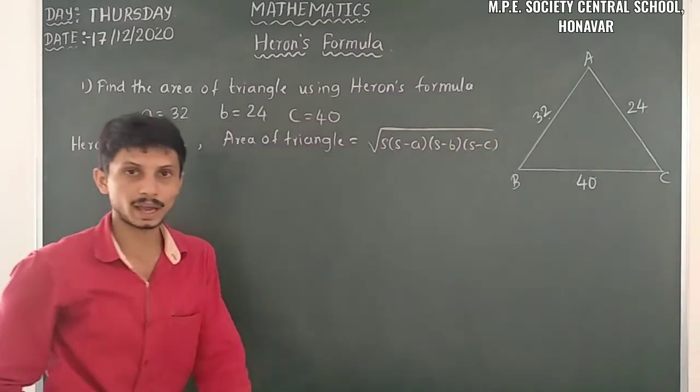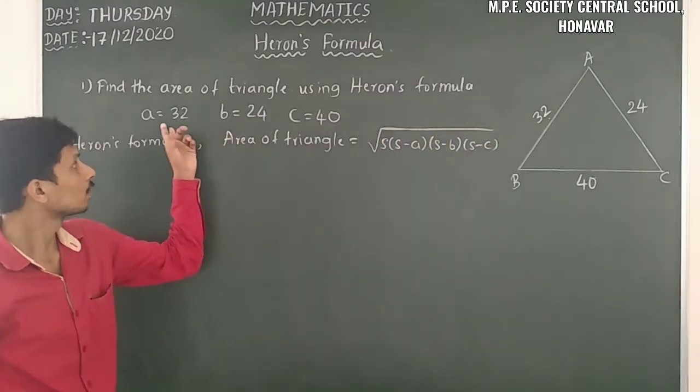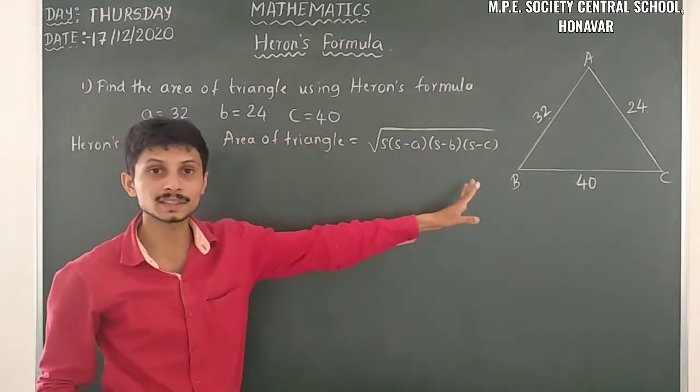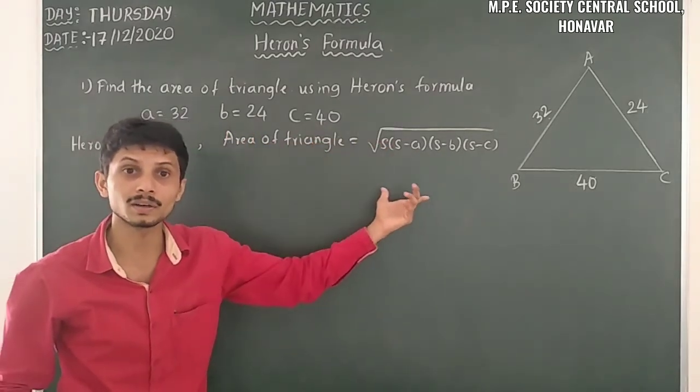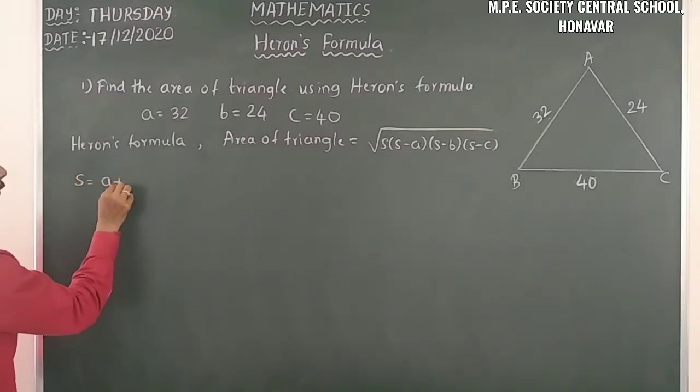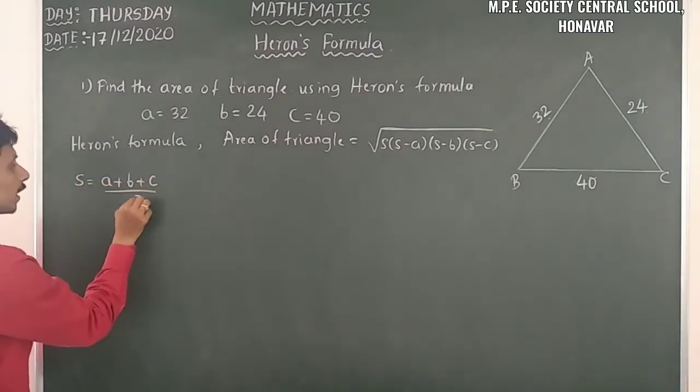So we have to apply the values of A, B and C in their respective places, and before that we have to find the value of S. S is equal to A plus B plus C divided by 2.